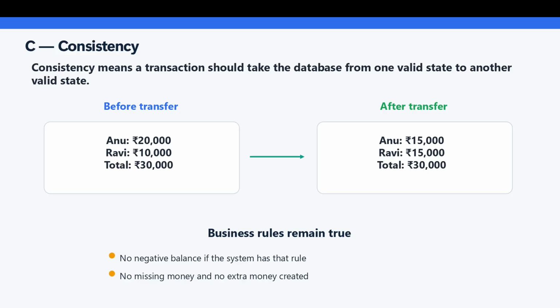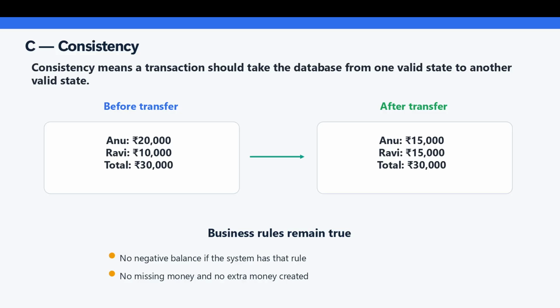So the total amount is 30,000 rupees. After transferring 5,000 rupees, Anu has 15,000 rupees and Ravi has 15,000 rupees. So no money has disappeared and no extra money has been created. The database remains in a valid state. This is one example of consistency.